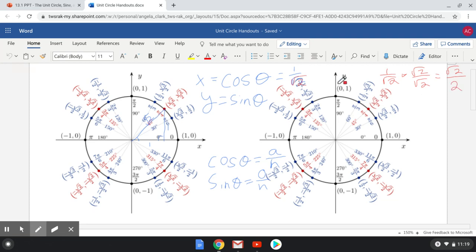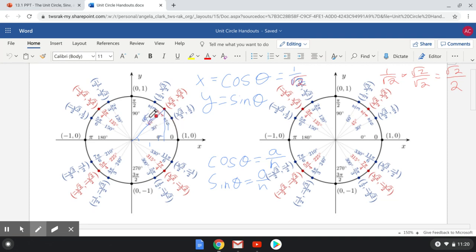So you'll always see 1 over root 2 written as square root of 2 over 2, because we want to rationalize that denominator. So this is going to be the square root of 2 over 2. And it's going to be the same for sine. Sine of 45 degrees is opposite over hypotenuse.